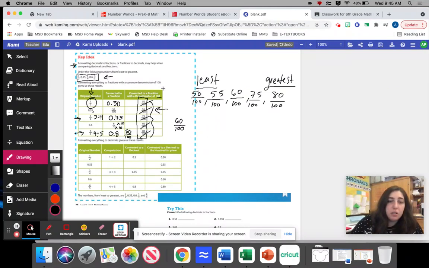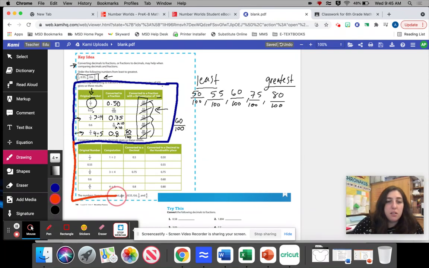So in this strategy, let me use a different color. This strategy here, we converted everything to fractions, okay? And we compared. They're showing you a separate strategy for this table.